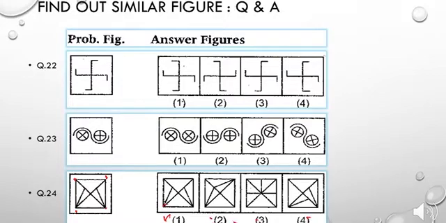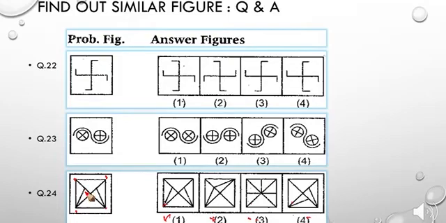Yes. In option 2? Yes. In option 3? Yes. In option 4? Yes. So we don't know which is the answer. Let's check for more designs.